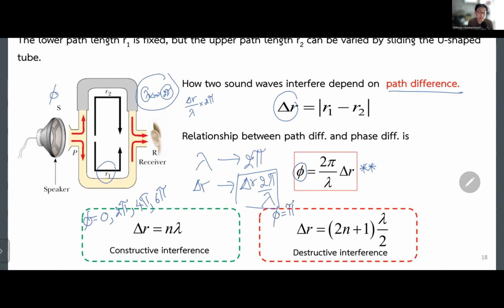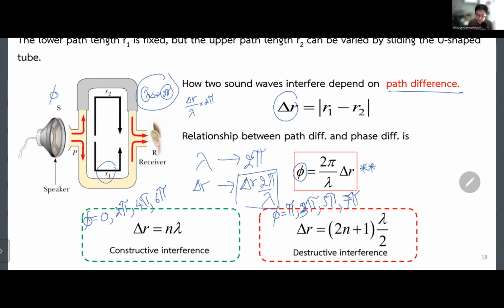That was the first case that we studied. But then you said you can always add 2 pi extra to it. So it means 1 pi, 3 pi, 5 pi, 7 pi. All odd multiples of pi will give you destructive interference because the wave will look half a cycle different all the time.